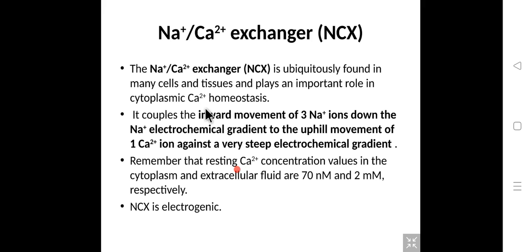Remember that resting calcium concentration values in the cytoplasm and extracellular fluid are 70 nanomolar and 2 millimolar respectively. So you can see the big change in the extracellular fluid. And obviously for that reason, NCX is electrogenic.